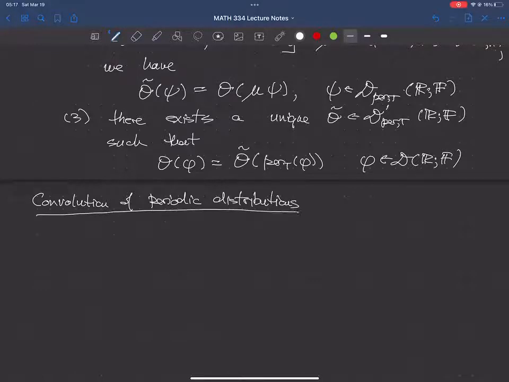All right. Okay, so the definition here is a little bit tedious. You have to do it slightly differently than you did for the regular convolution, right? But here's how it goes.